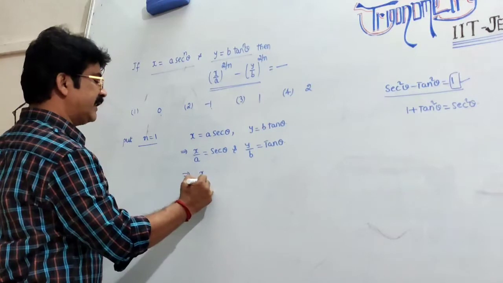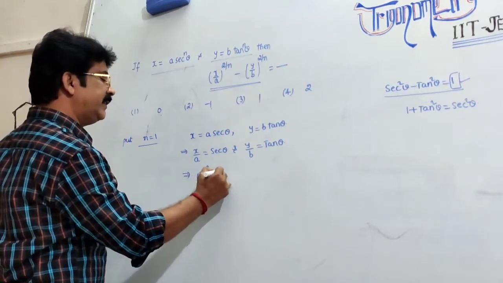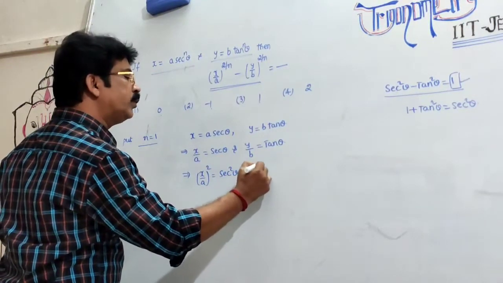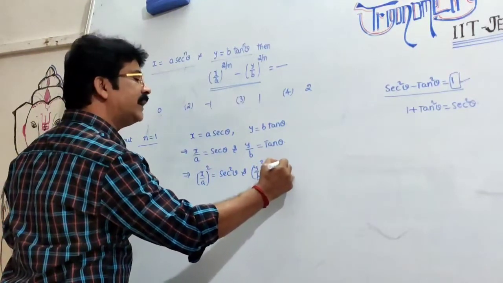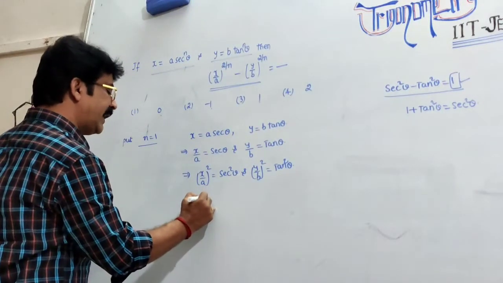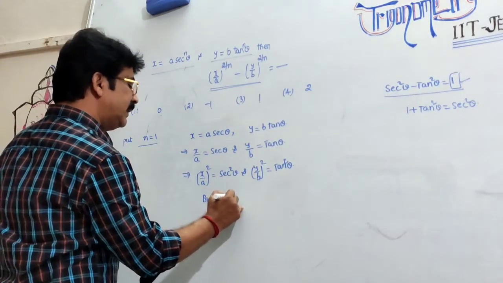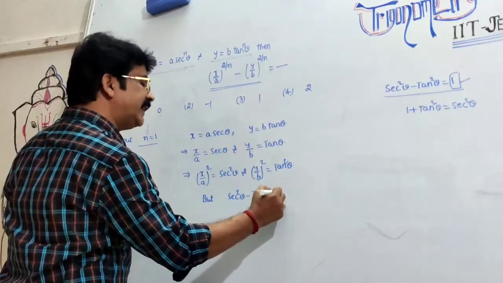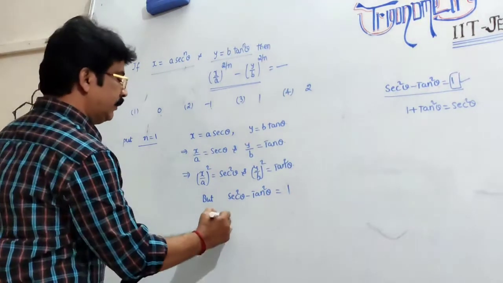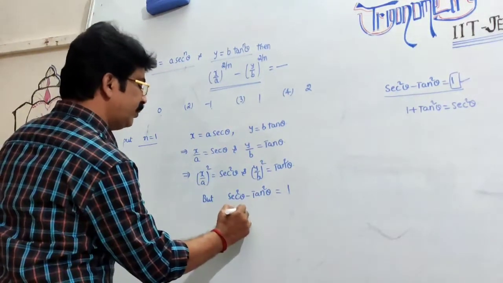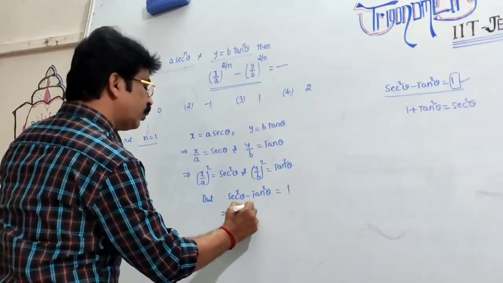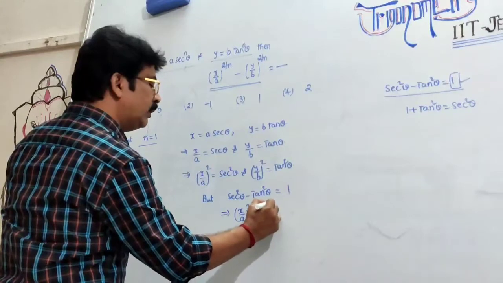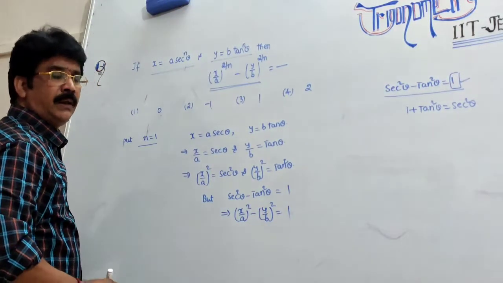So it is nothing but (x by a) whole square is equal to secant square theta and (y by b) whole square is equal to tan square theta. But we know that secant square theta minus tan square theta equal to 1. So secant square theta is (x by a) whole square minus tan square theta, which is (y by b) whole square, that is equal to 1.